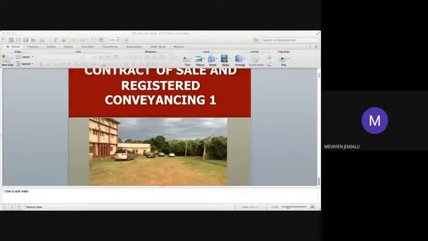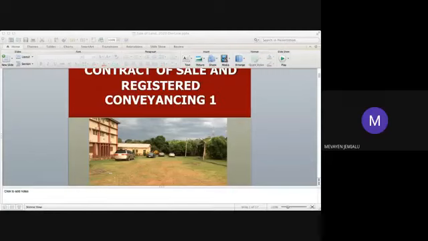Otherwise, such a sale will be void. In the same vein, where the family head goes ahead to sell or transfer any family land as his personal property, such a sale by the family head is also void.